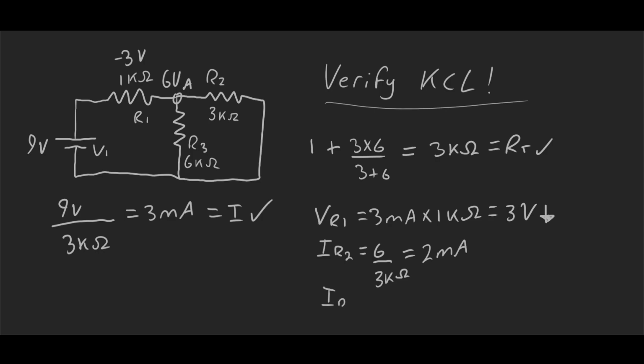And for R3, 6 over 6 kilo ohms will give you 1 milliamp, which is correct because 3 milliamps minus 2 milliamps minus 1 milliamp equals 0. That verifies KCL for this circuit.